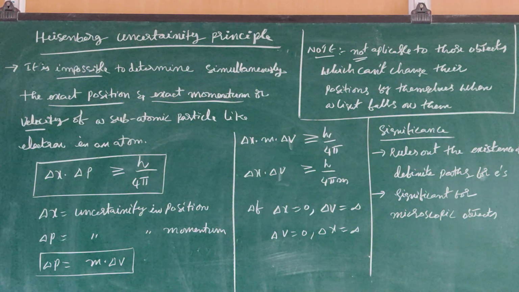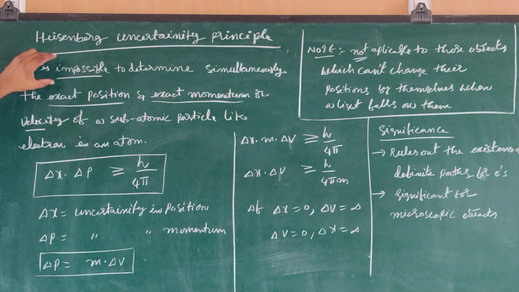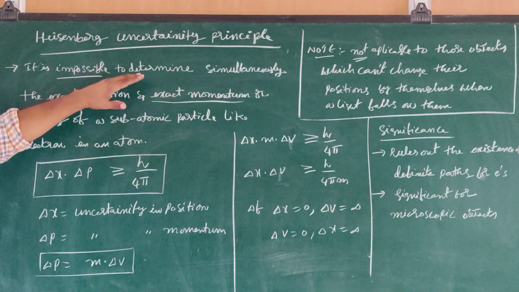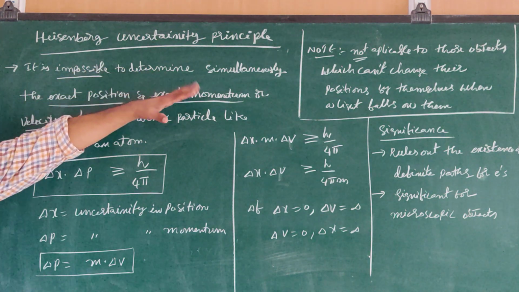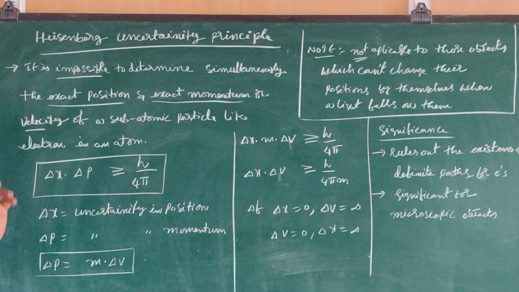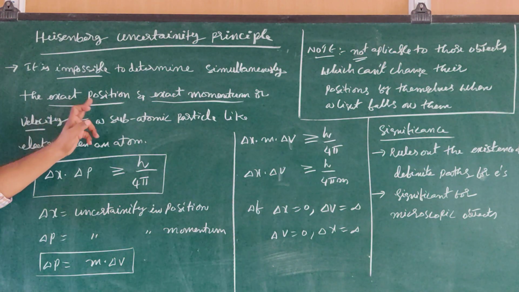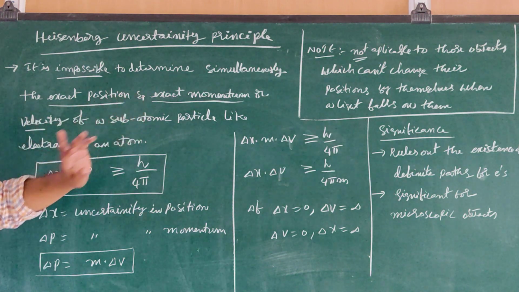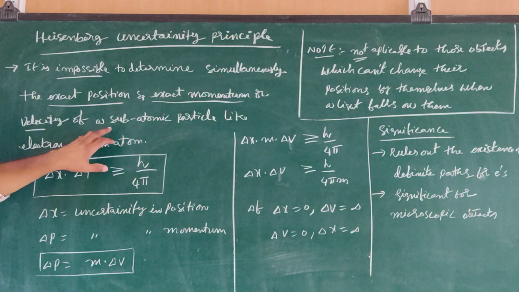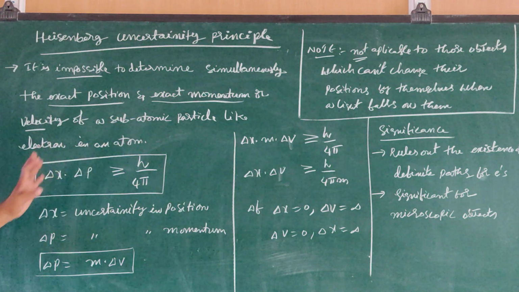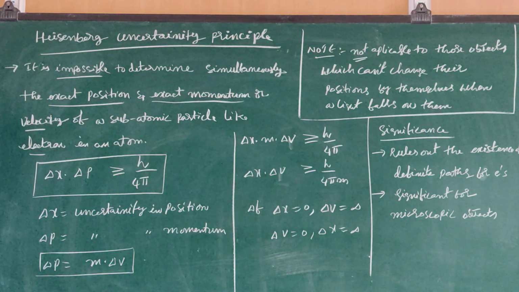Once again, please observe the statement. It is impossible to determine simultaneously the exact position and the exact momentum or velocity of a subatomic particle like electron in an atom.